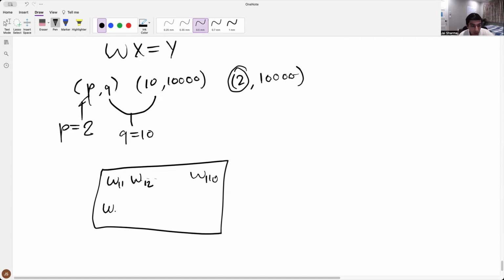And this one is, let's say, W21, W22, all the way to W210. Again, this is not 21, but it's a 2 attached before the 1 to indicate that this whole row of W's corresponds to computing Y2, whereas this one corresponds to computing Y1.